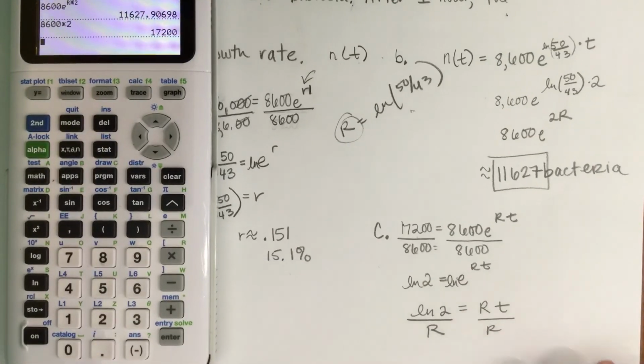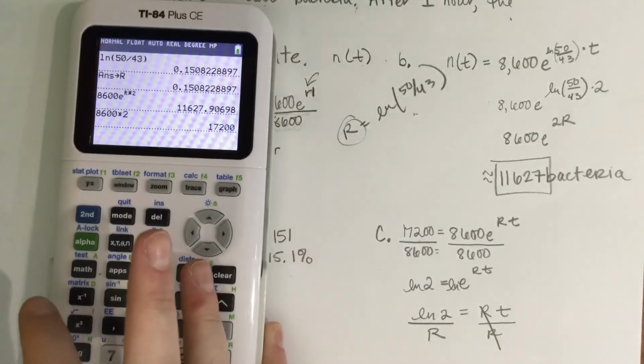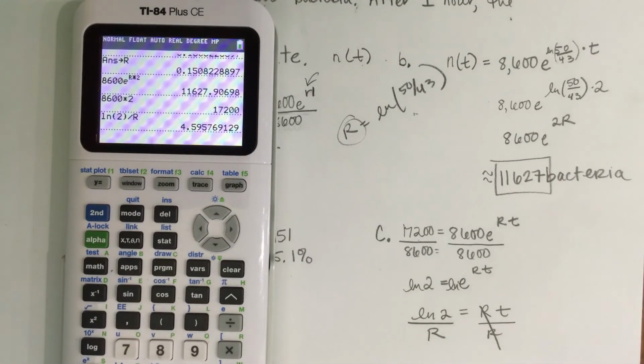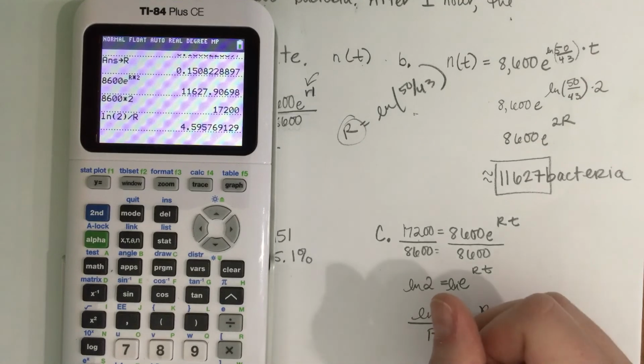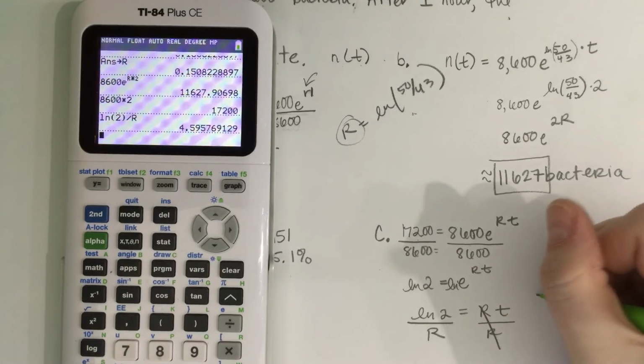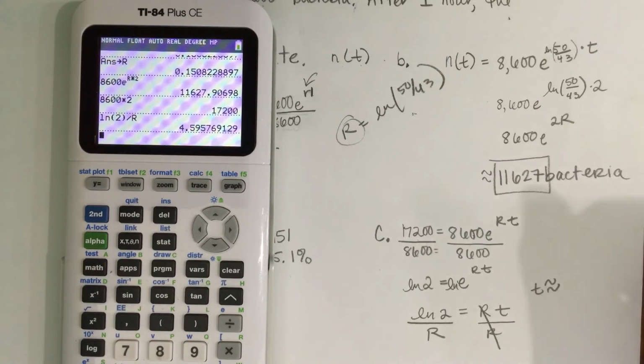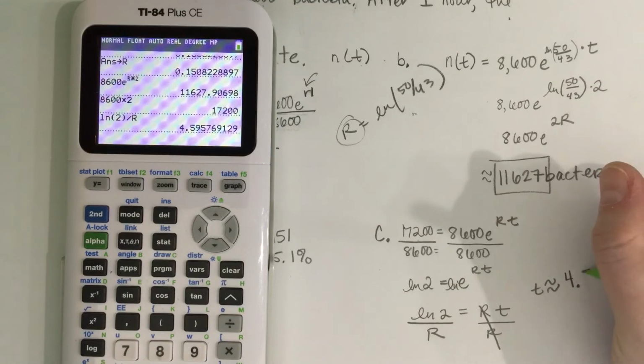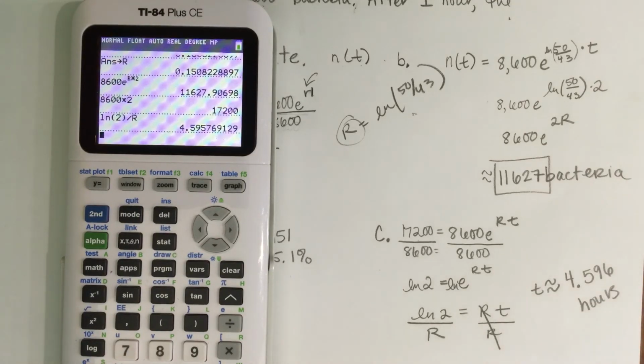Now in my calculator, I can do the natural log of 2 divided by alpha R. So it says that it will take approximately 4.596 hours for the population to double. And I almost made it through it.